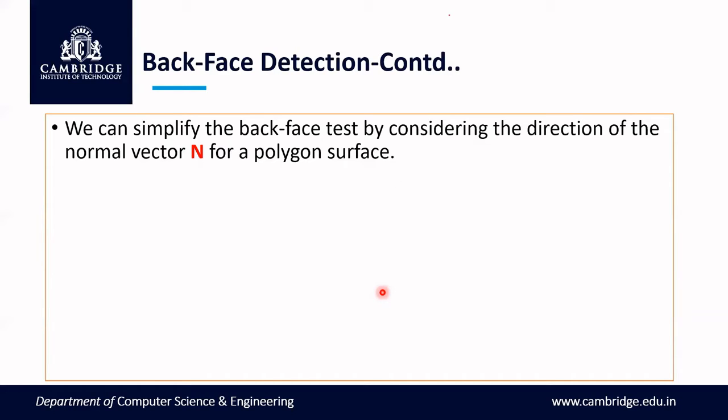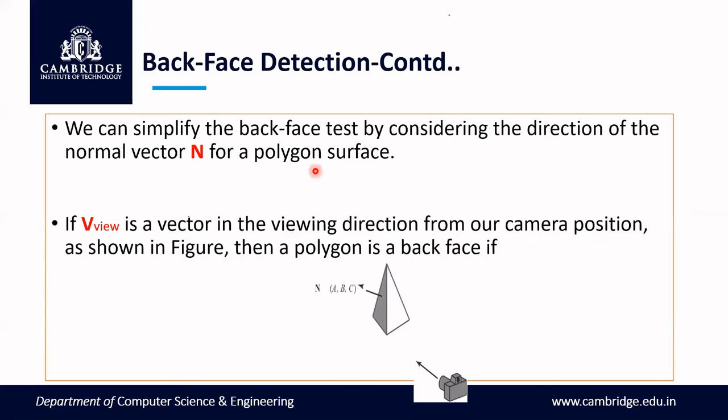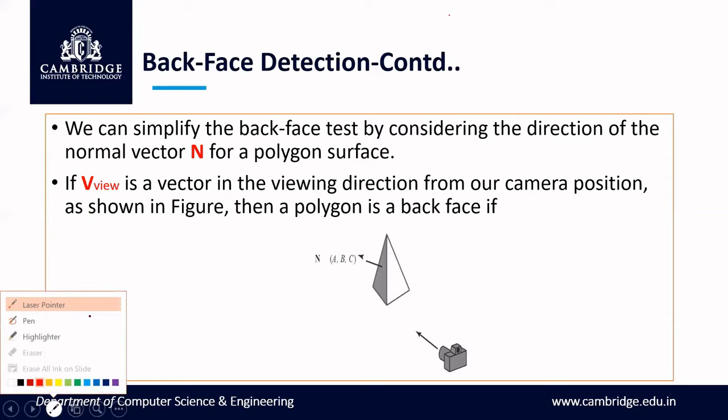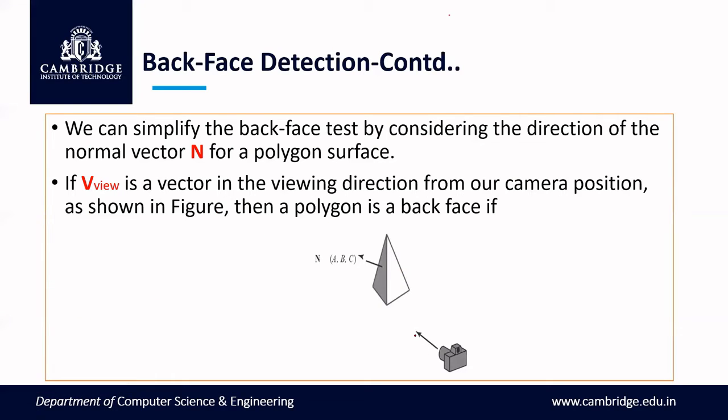We can simplify the back face test by considering the direction of the normal vector n for a polygon surface. So this is one more very simple way. You can check here. This is my view, this is my V, the view direction, that is nothing but the direction in which I am seeing the object.